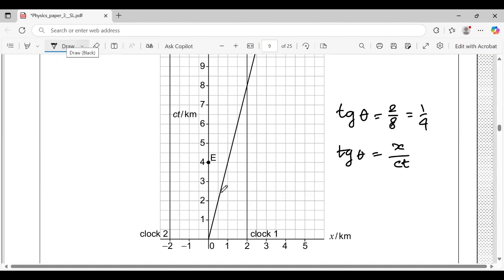Clock 1 is here, at 2 kilometers. Clock 2 is here, at minus 2 kilometers.